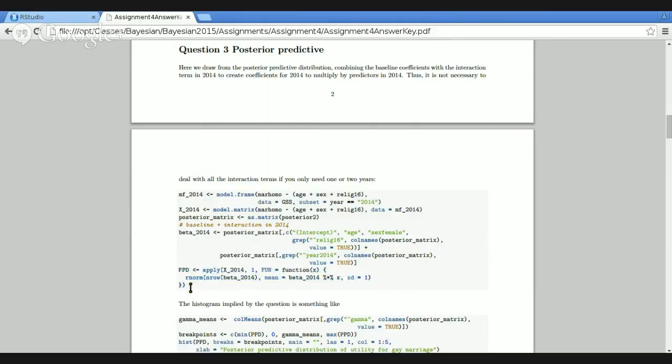In this case, it's a bit artificial because I wanted to make the histograms on the next page. Usually you would not just draw from the posterior predictive distribution of the latent thing and then stop. The great thing about posterior predictive distributions is that you can put your conclusions and stuff like that in terms of observables.